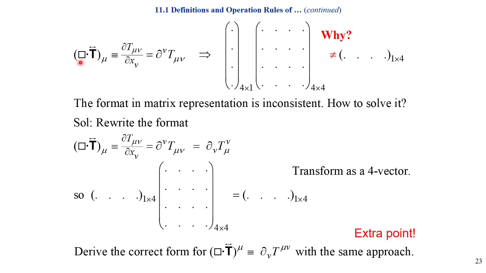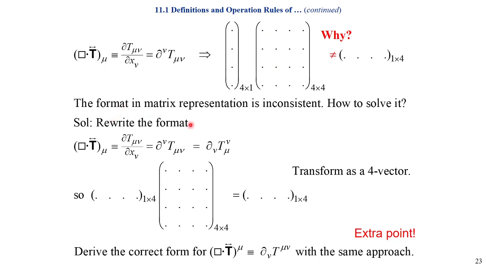One more time. This one can be read into this form: ∂_ν ∂_μ T^{μν}. But remember, this is a column vector. This is a 4 by 4 matrix. It doesn't match. It's not a row vector. So therefore, we should change the notation.